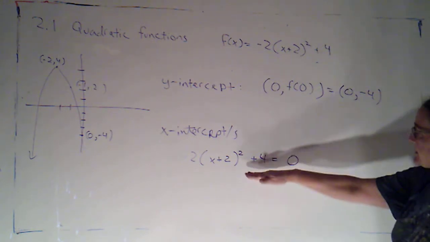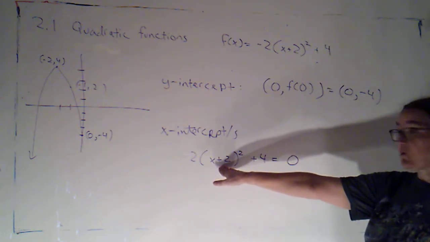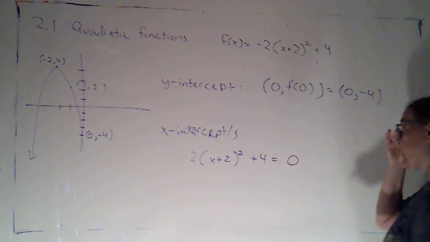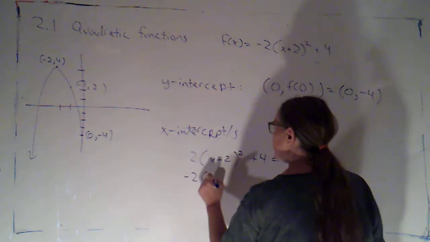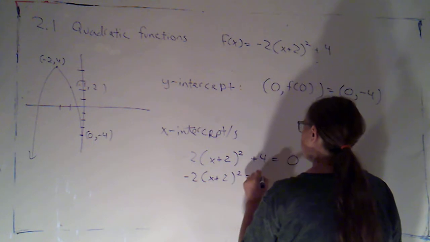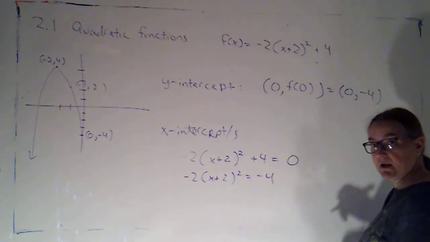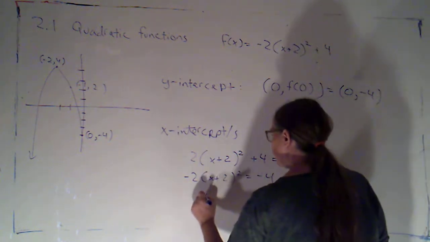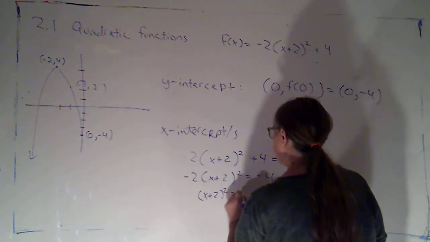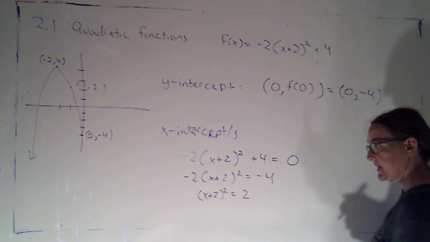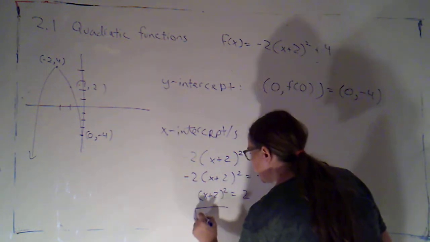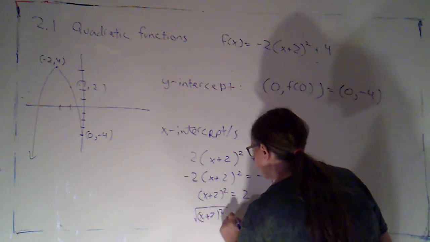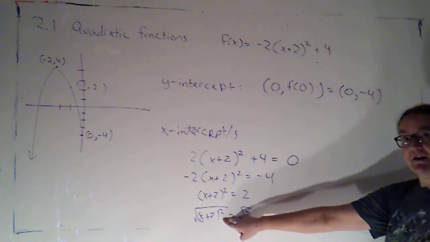Okay, now to solve this, I want to isolate the square. So I'm going to first of all subtract that 4, so negative 2 times (x plus 2) squared equals negative 4. Divide both sides by negative 2. (x plus 2) squared equals 2. Take the square root of both sides. And be very careful.